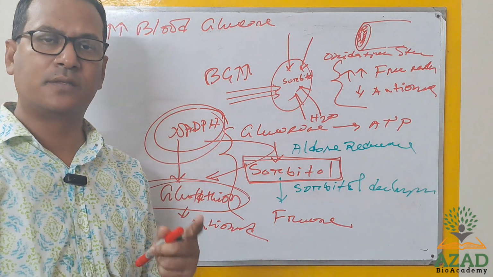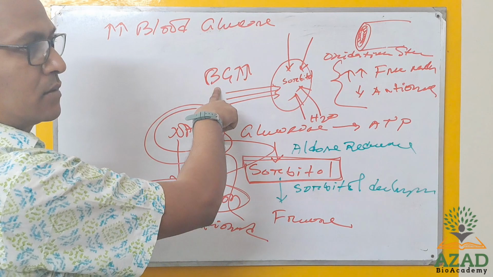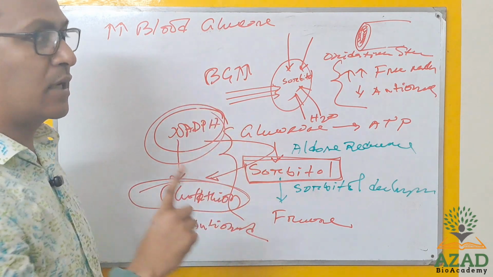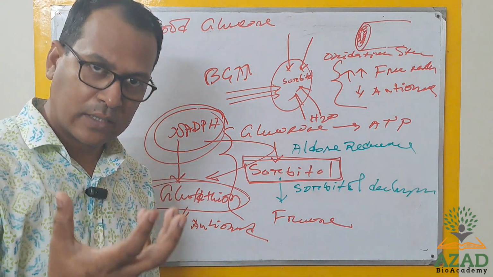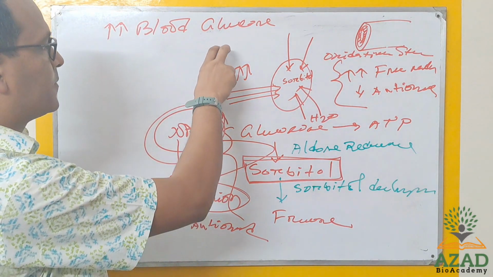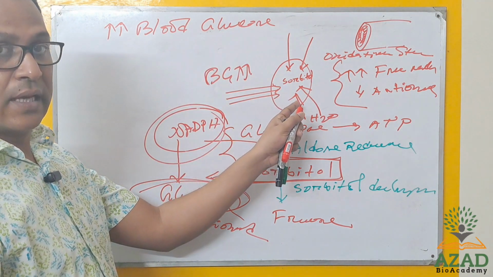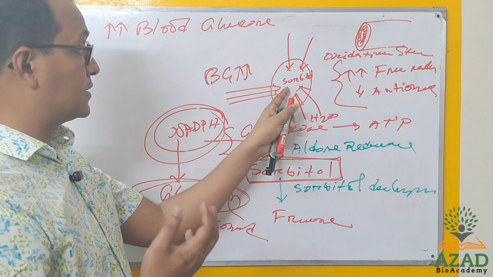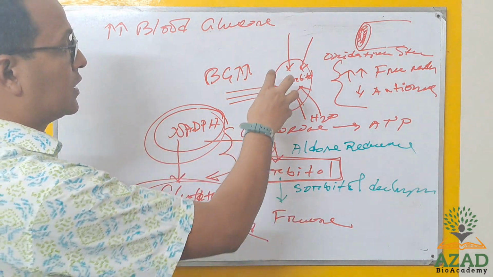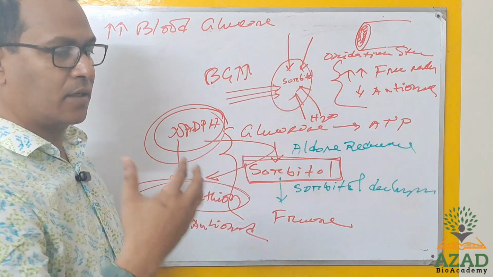Excessive sorbitol is produced by excessive blood glucose. That means a diabetic patient carries excessive blood sugar, and that will excessively enter the cell and produce excessive sorbitol, and that will cause osmolarity change, and it will swell up the cell.